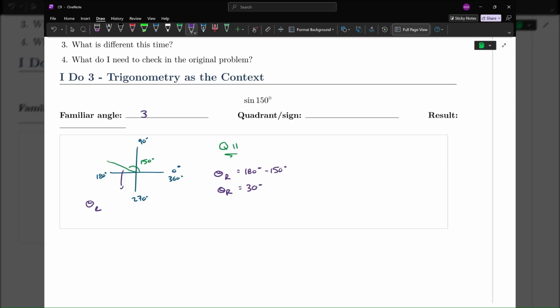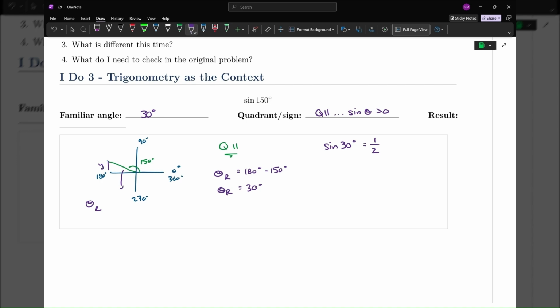So that's our familiar angle. 30 degrees is familiar because we know what sine of 30 is. We know that from our special triangles. Sine of 30 is 1/2. I then use my quadrant information. Because I'm in quadrant 2, I know that sine is positive because the y values are positive over here.